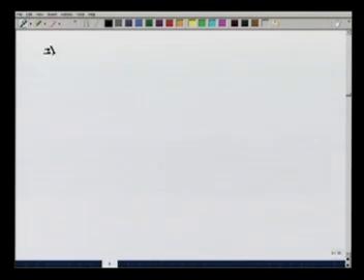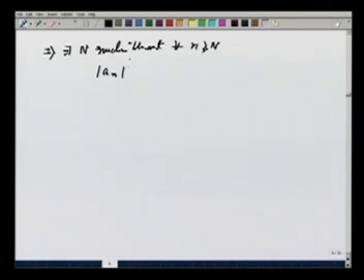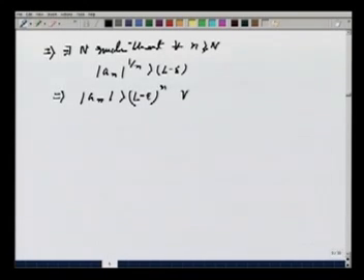This implies, by the definition of limit, that there exists a capital N such that for all n bigger than or equal to capital N, modulus of an to the power 1 by n is bigger than L minus epsilon. This implies modulus of an is bigger than (L minus epsilon) whole to the power n for all n bigger than or equal to capital N. Now notice that L minus epsilon being bigger than 1, (L minus epsilon) to the power n is always bigger than 1.